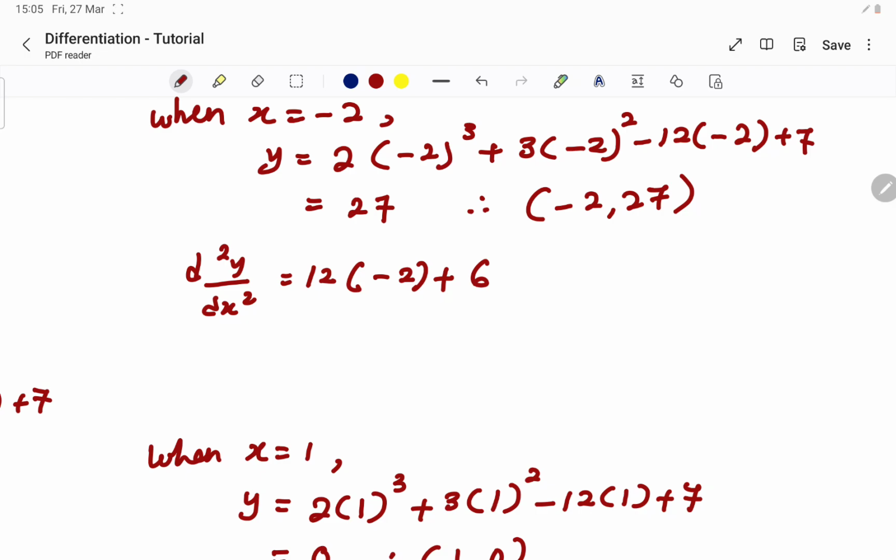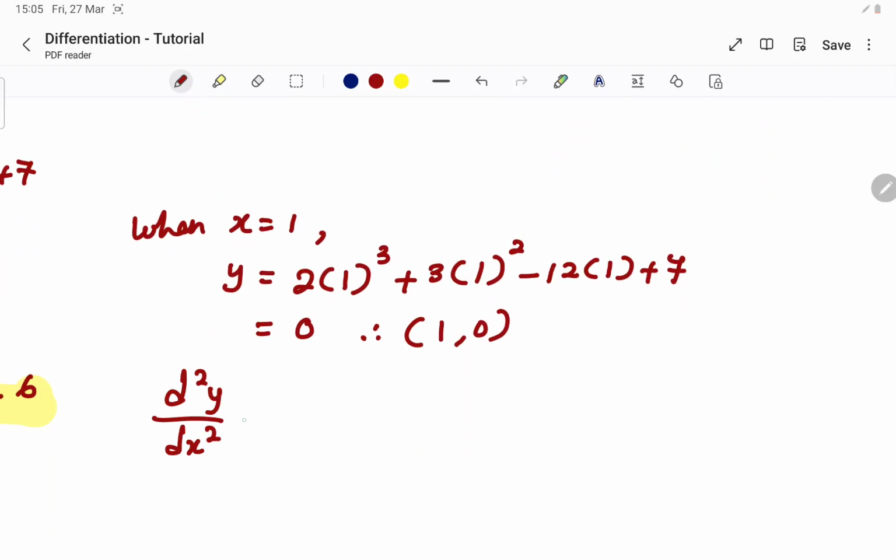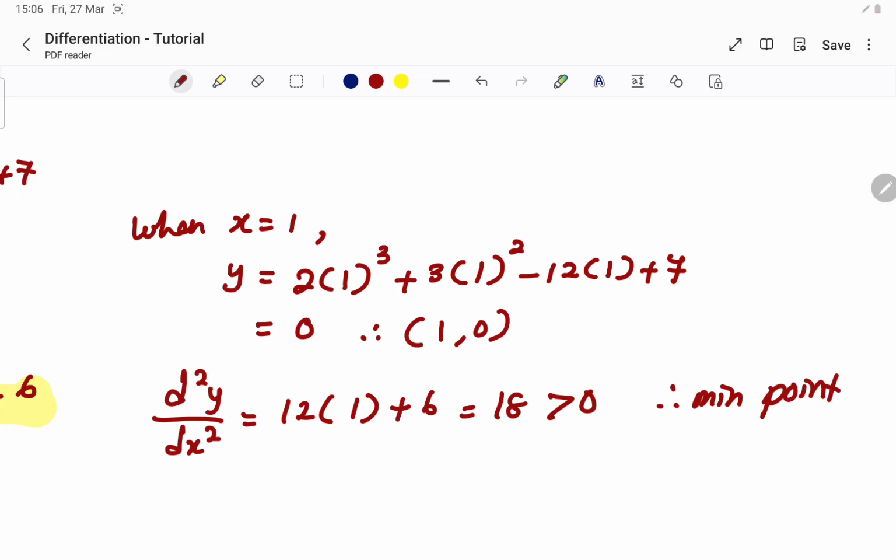Here you will get the total equal to negative 18. So it is less than 0, so it is a maximum point. Now you substitute also inside this. So d squared y over dx squared, you're going to get 12 multiplied by 1 plus 6, total is 18, which is greater than 0. It is a minimum point.